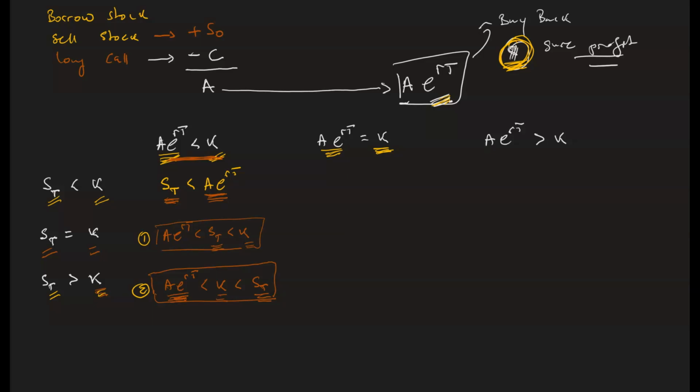Now, what if the stock price is actually less than the strike price as well? In that case, we're going to have a scenario where the stock price is going to be less than the strike price, but the strike price itself is equal to what we have here, which means that the strike price is also going to be equal to this future value term here.